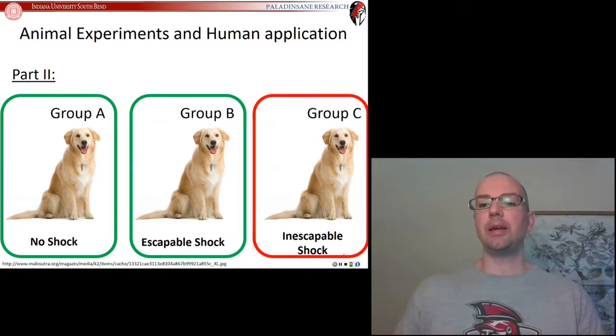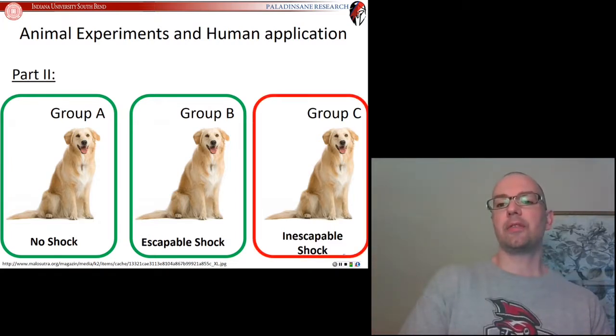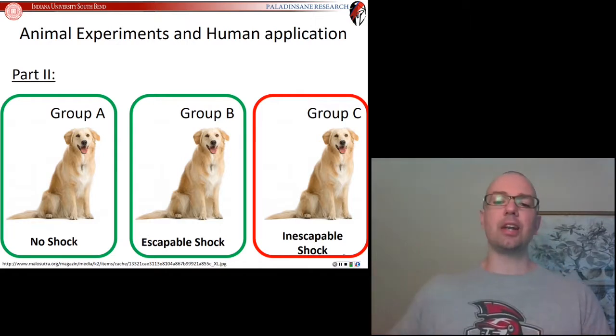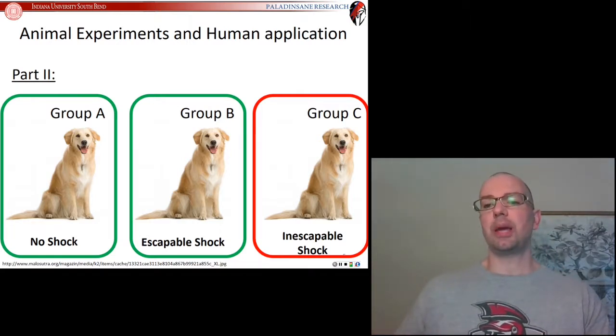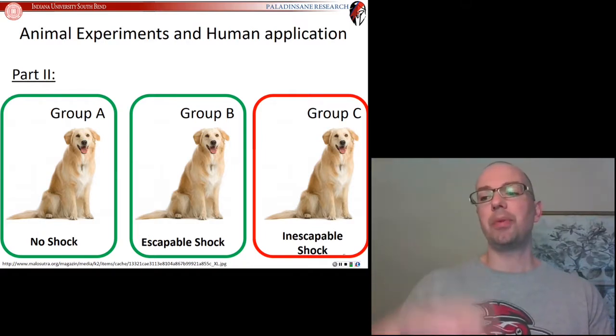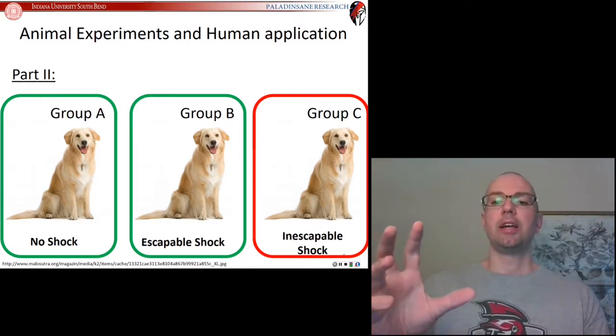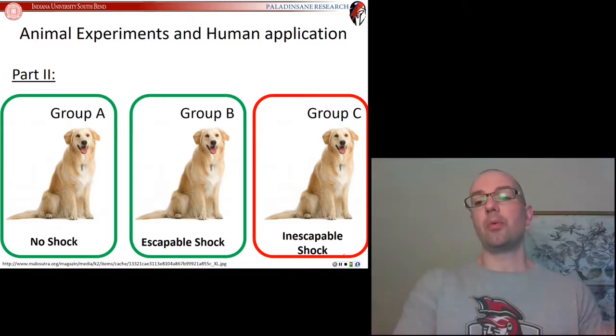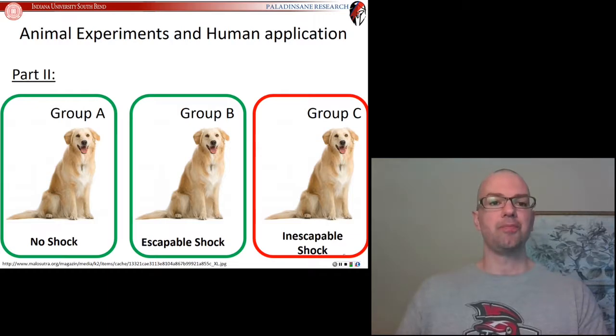However, Group C, who had inescapable shock in the first part, did not learn to jump over to escape the shock in part two. So even though they were fully capable of jumping that hurdle to escape the shock, their learning in part one impaired their learning in part two.